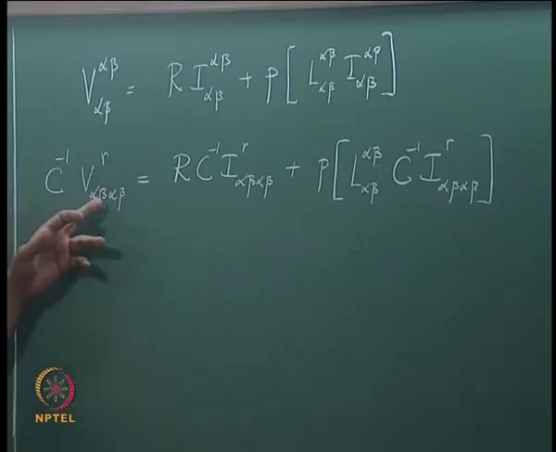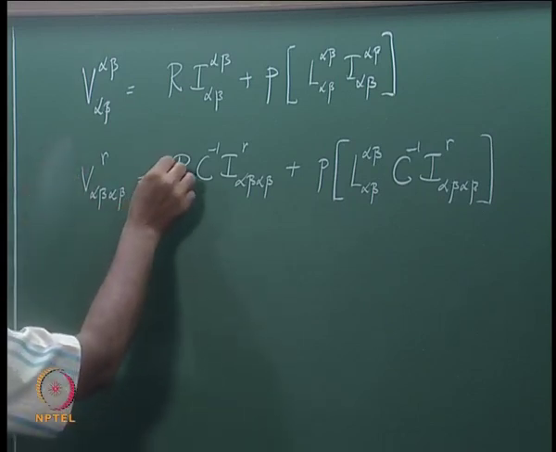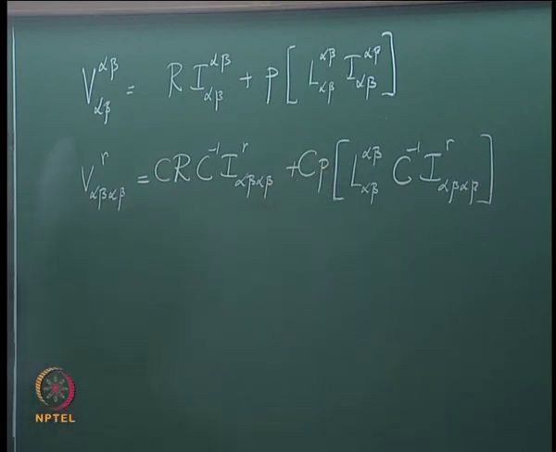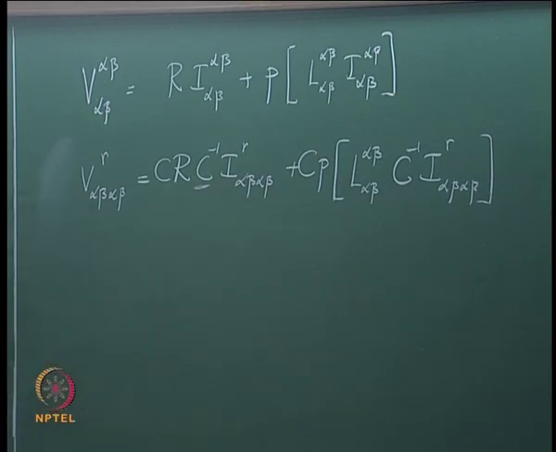In order to get V R alpha beta you need to multiply by C matrix throughout, and therefore, you can multiply this by C and multiply this by C as well. And here you have C inverse appearing.